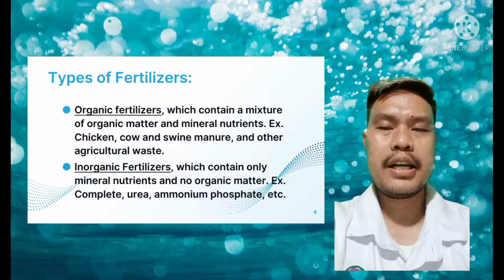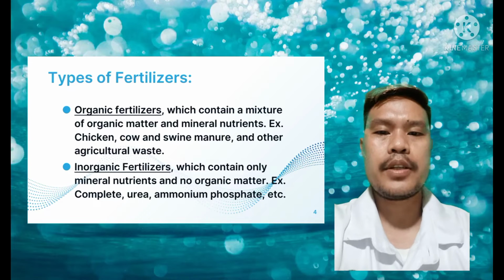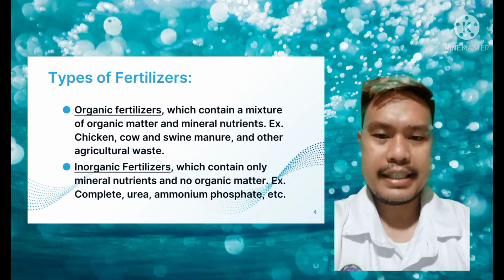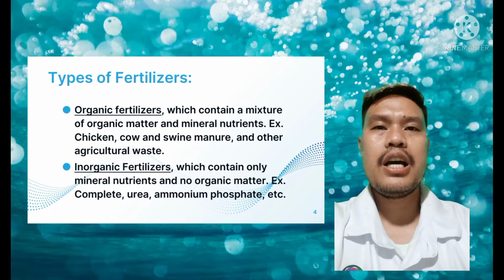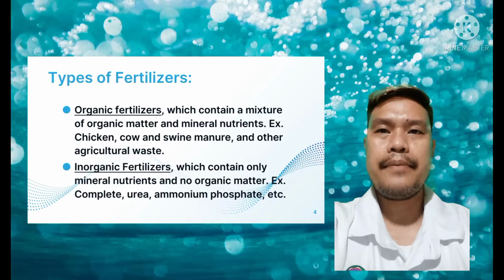Next, I have here the types of fertilizer. So there are two types of fertilizer: organic fertilizer and inorganic fertilizer. Organic fertilizer contains a mixture of organic matter and mineral nutrients.